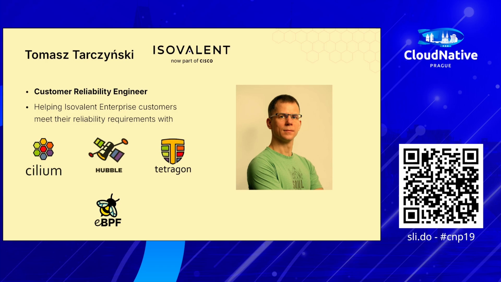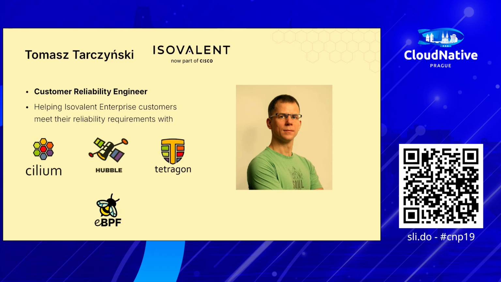This means supporting the products of Isovalent like Cilium, Hubble, Tetragon, where Cilium provides networking, Hubble provides observability, and Tetragon provides security and security observability as well. And all of those are based on eBPF, the underlying technology in the kernel that we at Isovalent also developed.